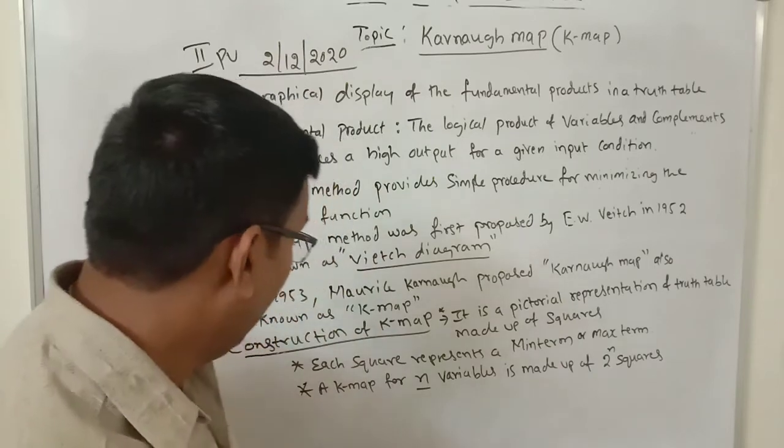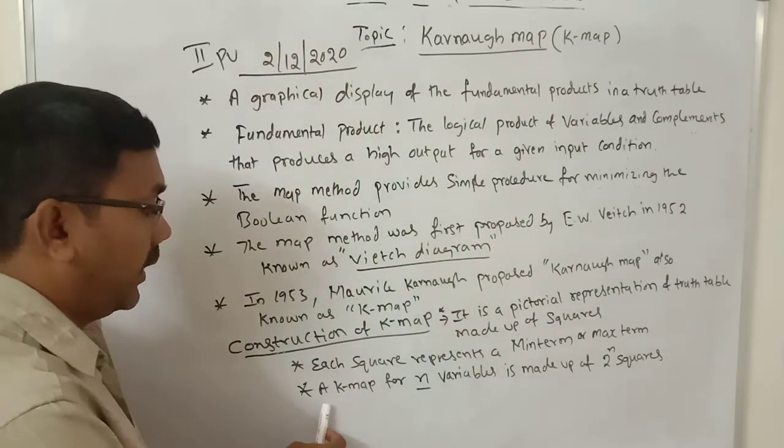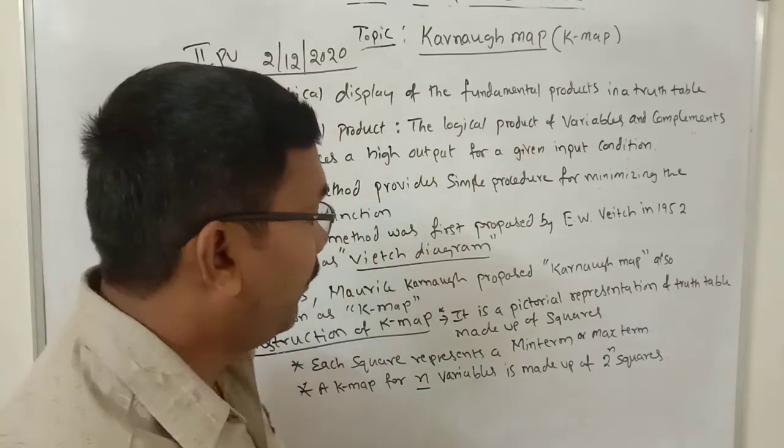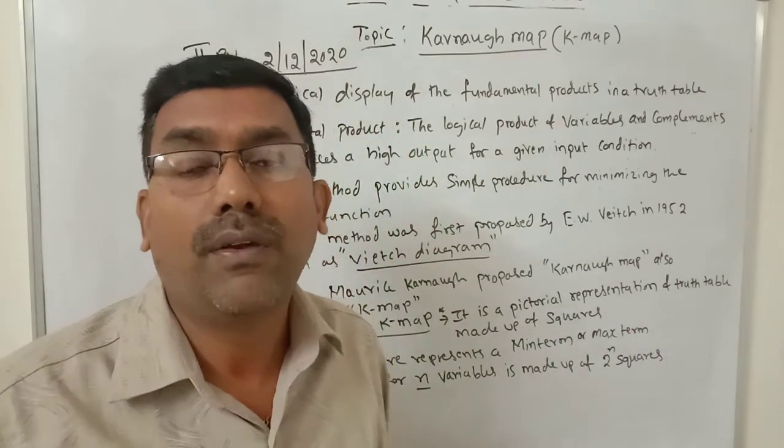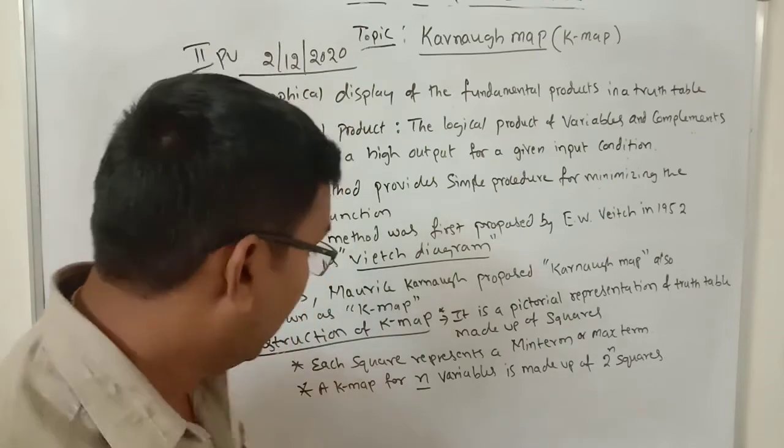A K-map for n variables is made up of 2 to the power of n squares.